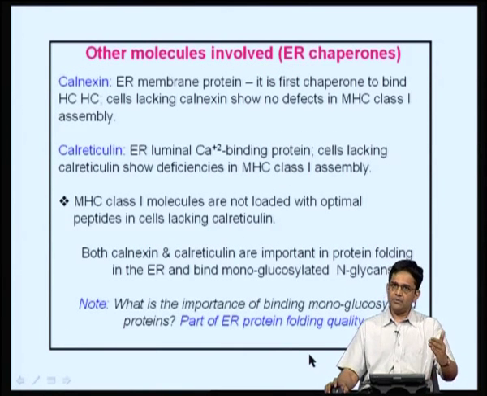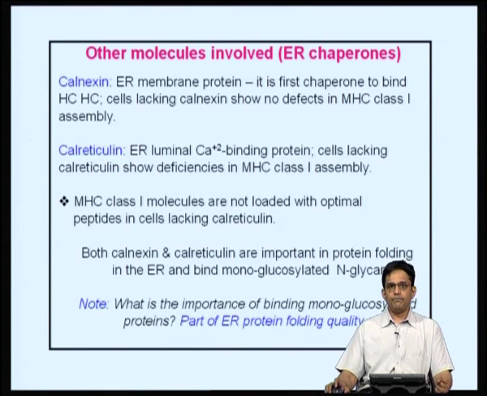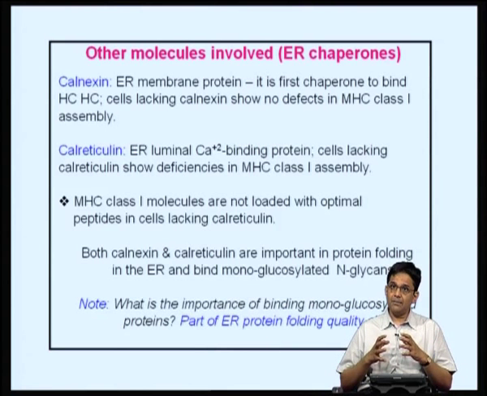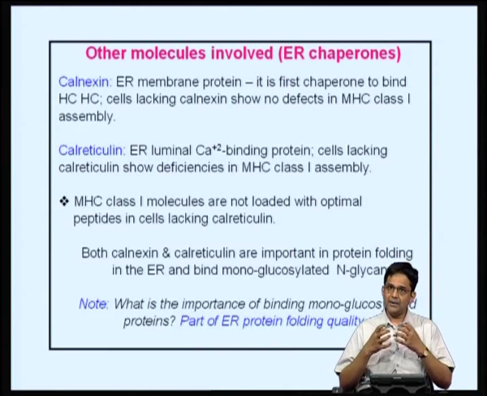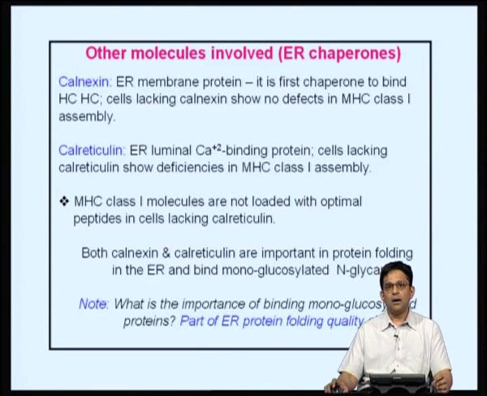Now, apart from the major molecules that we discussed, beta 2 microglobulin, TAP, Cathepsin, there are other molecules that play an important role, and that is primarily because the assembly of MHC class 1 molecules occurs in the ER, and in the ER there is other machinery that is also involved in this. Some of these are two proteins, calnexin and calreticulin.